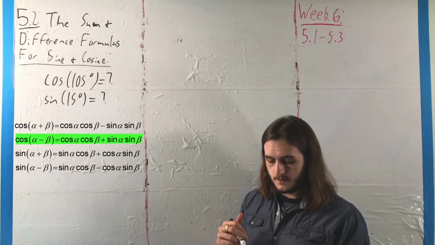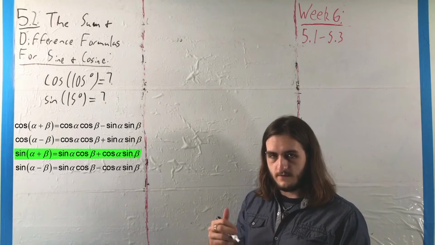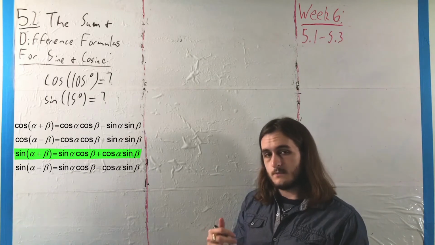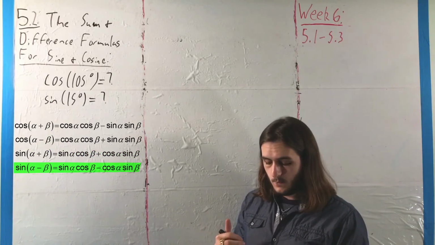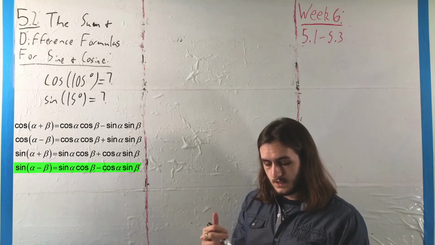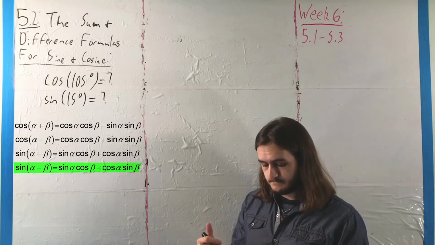Sine of alpha plus beta is sine of alpha cosine beta plus cosine of alpha times sine of beta. And finally, sine of alpha minus beta is sine of alpha cosine of beta minus cosine of alpha sine of beta.